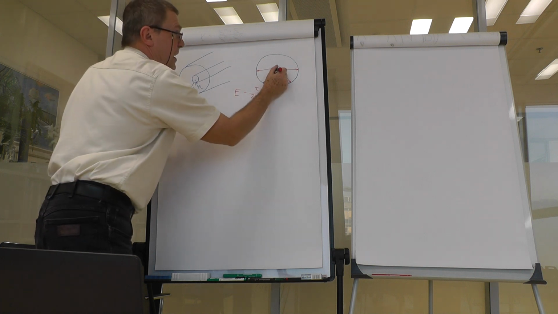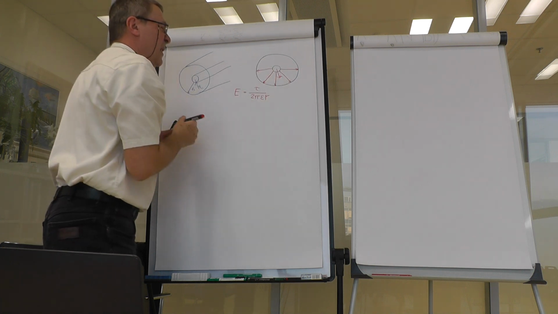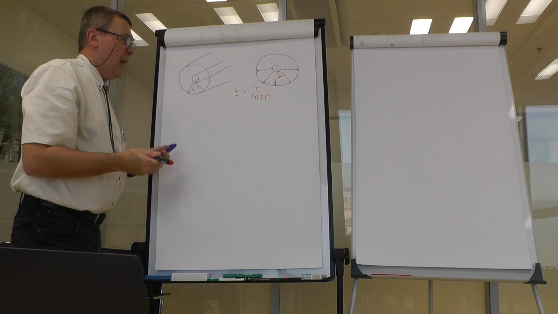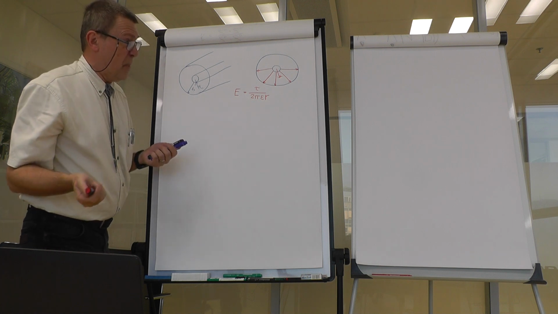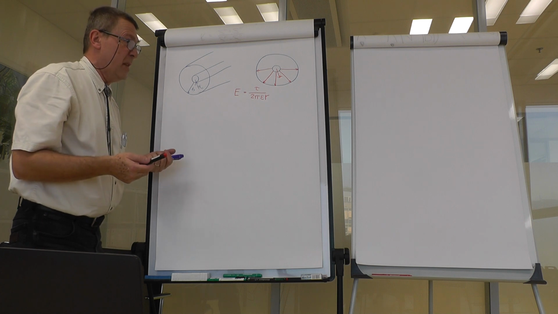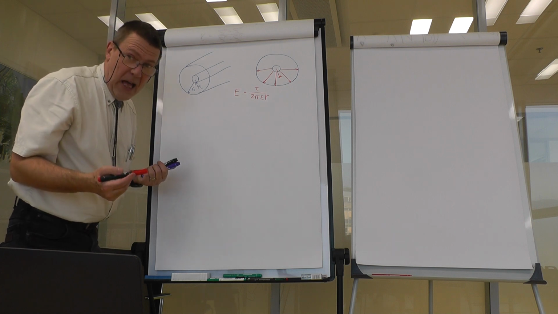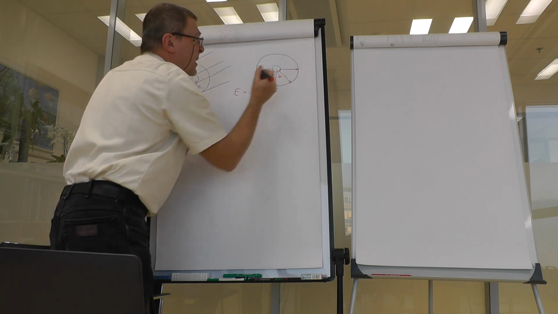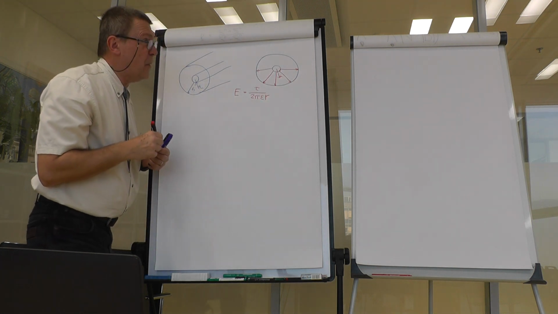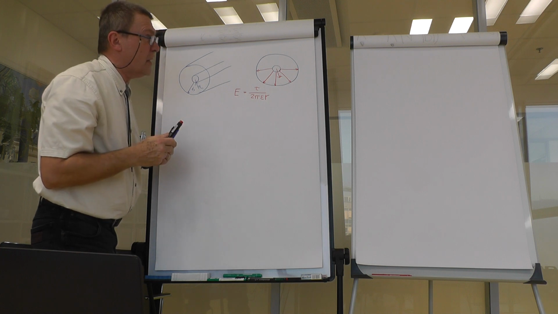where epsilon is the permittivity of the dielectrics, r is the distance from the center of the conductor. So this is the r. And now we can say that the field strength is inversely proportional to the radius. The biggest value of the field strength would inevitably be at the lowest radius, so it will be at the surface of the inner conductor.